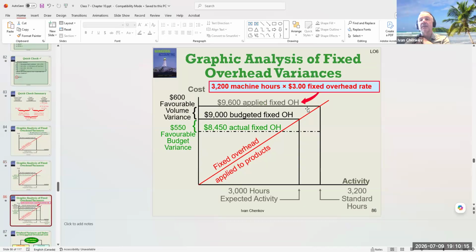We're saving. And our standard hours that we have are way more than the expected level of activity. We have 3,200 standard hours. So the capacity of our machine is 3,200. Let's pretend that we're in production. Imagine you have a production cycle. You're a printing company.